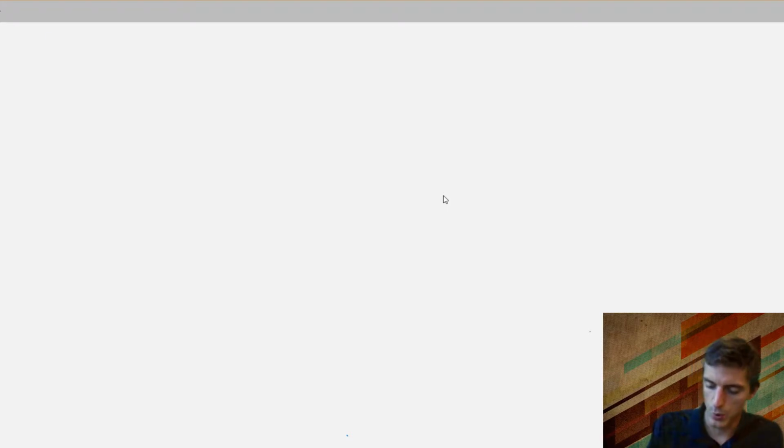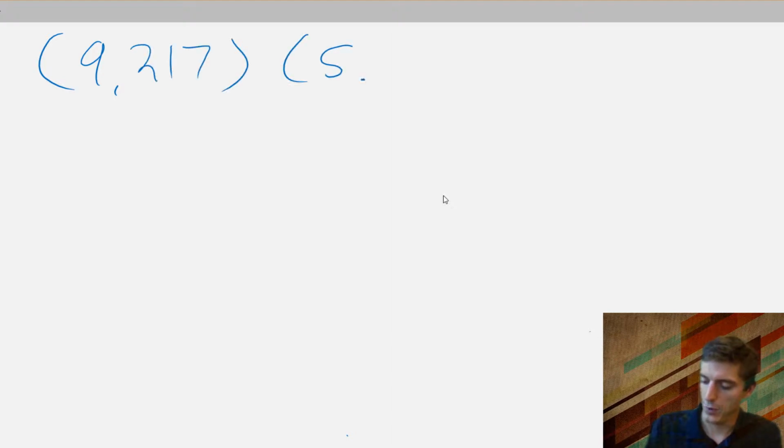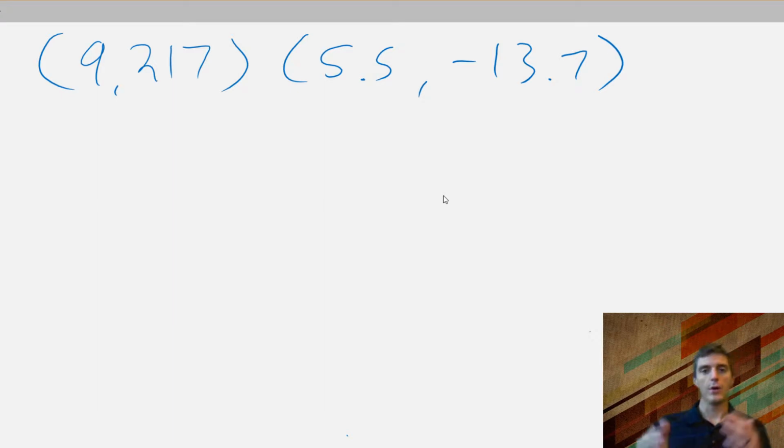What if the points I was to give you were 9, 217, and 5.5, negative 13.7? Not only would I have to make a graph that's 217 tall, because that's my top y coordinate, I would also have to worry about this whole decimal thing of negative 13.7.